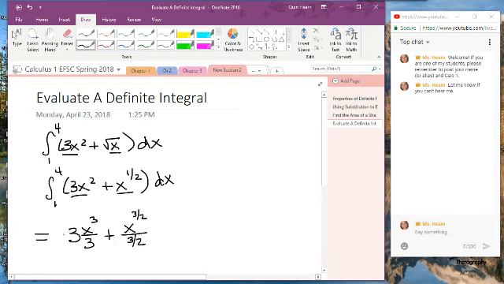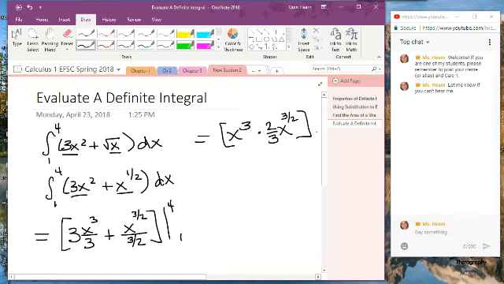But we'll just write it as division at first. So x to the 3/2 over 3/2. And remember, we're going to evaluate this from 1 to 4, so I don't need to write the plus c part. Okay, so the 3's cancel out and we get x cubed. Flipping over the 3/2, we're going to multiply by 2/3, so we have 2/3 x to the 3/2.